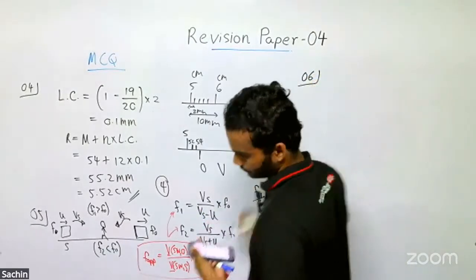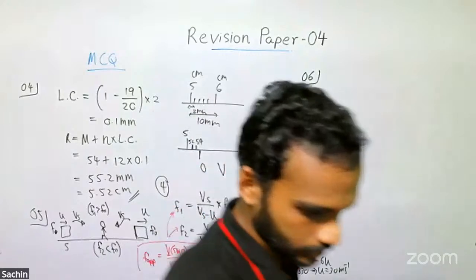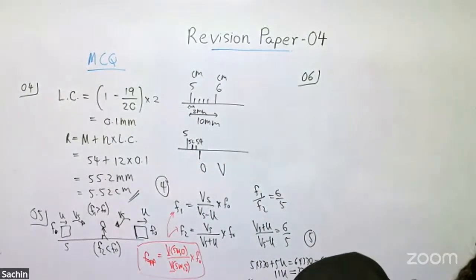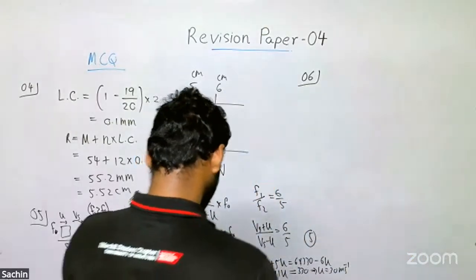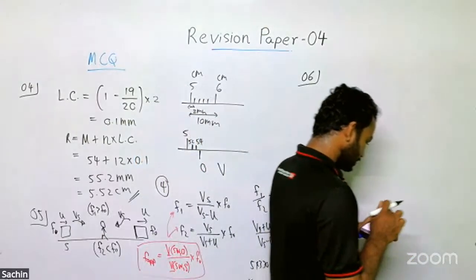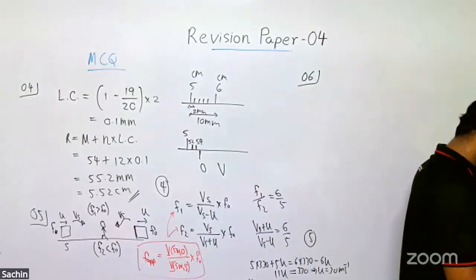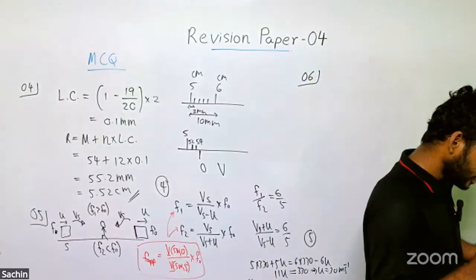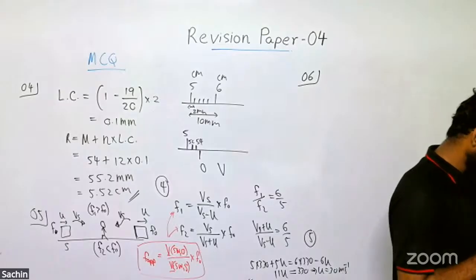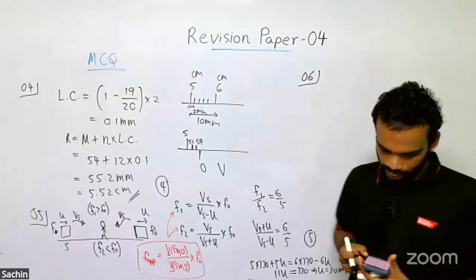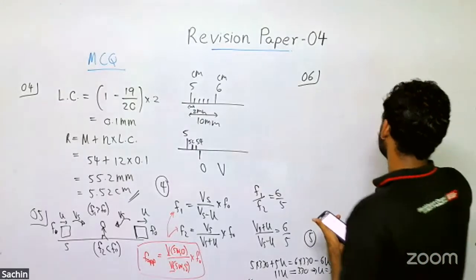Sixth one. Consider the following statements given about the Jaguar's method that is used to determine the surface tension of a liquid. The sixth question is based on Jaguar's method.